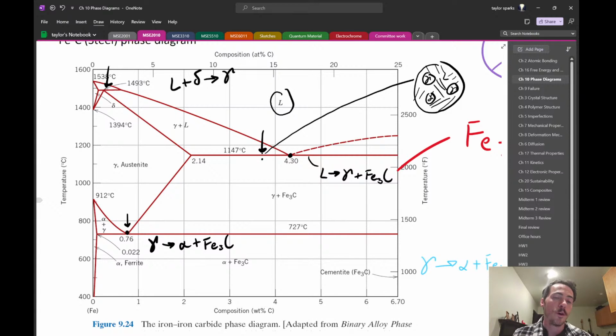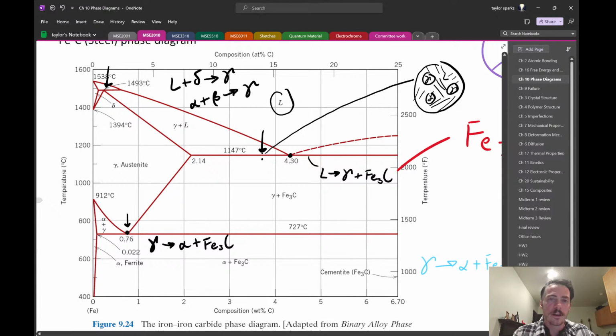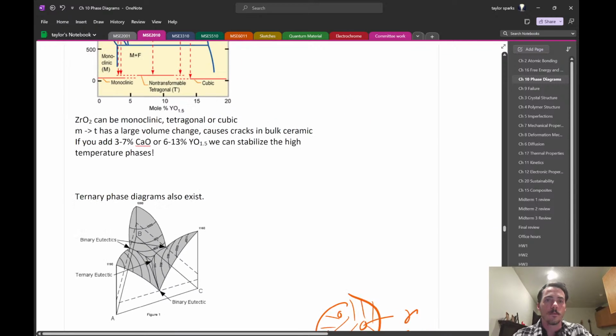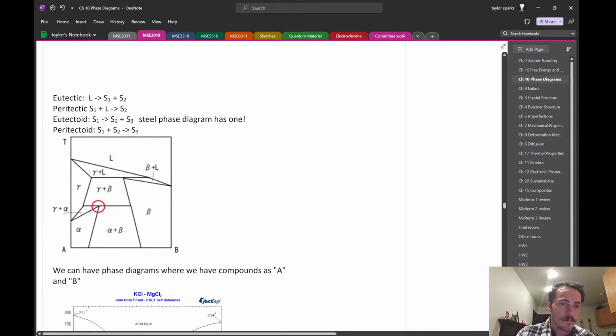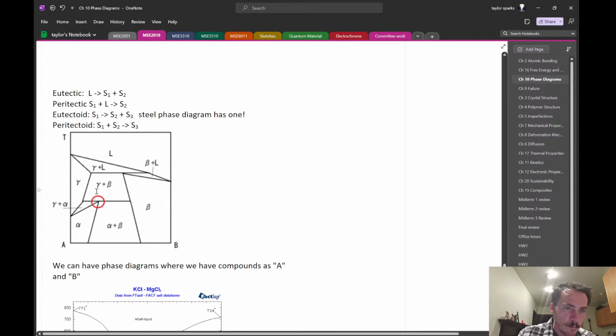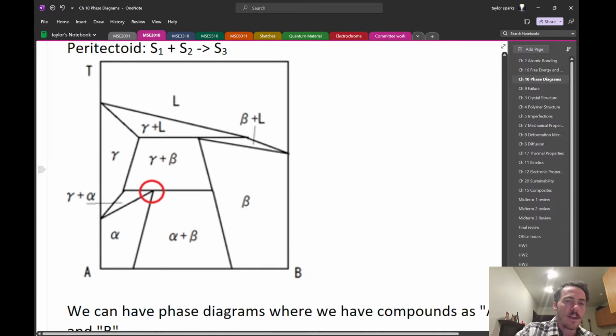And peritectoid would be almost the same. I don't see one on this diagram, but it would be two solids, say alpha plus beta, turning into gamma. If we scroll up, we can find one from another diagram. Right here at that red point that's been circled, just above it, you have a mixture of gamma plus beta.